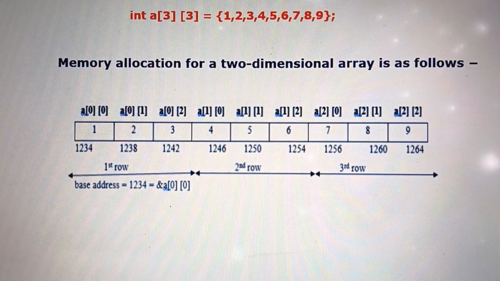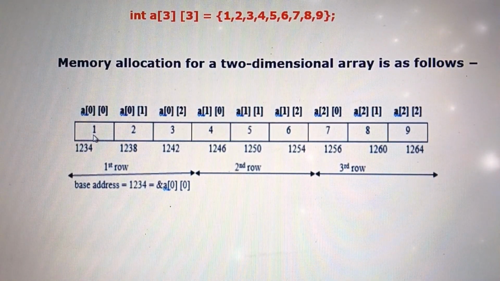Let us see that. In memory, the elements of double dimensional arrays are arranged in row major order. Rows are placed next to each other. Here, this is the first 1D array, second 1D array, third 1D array. The identifier of the first element, first row, first column, is A of 0 0.